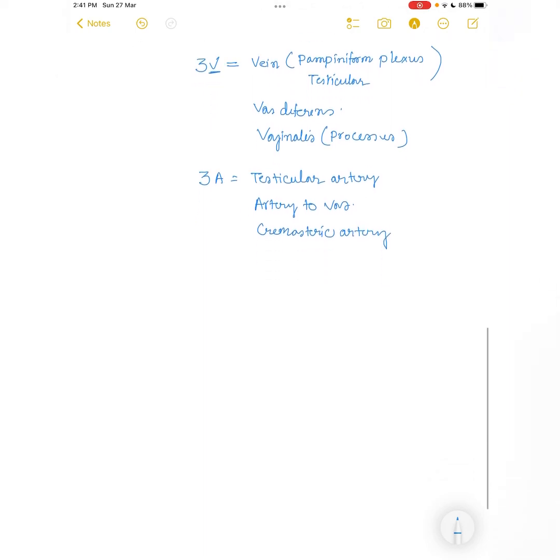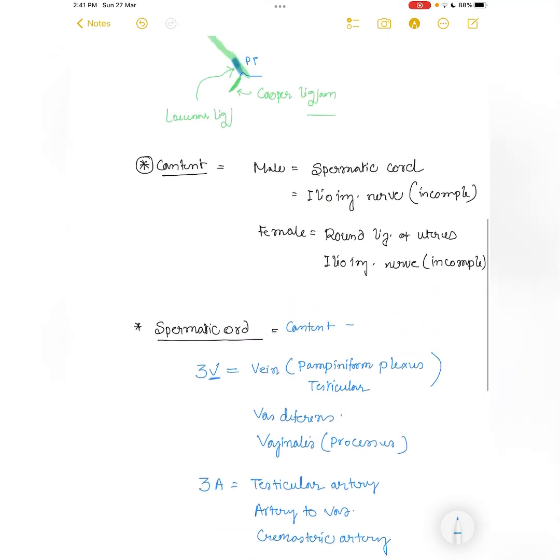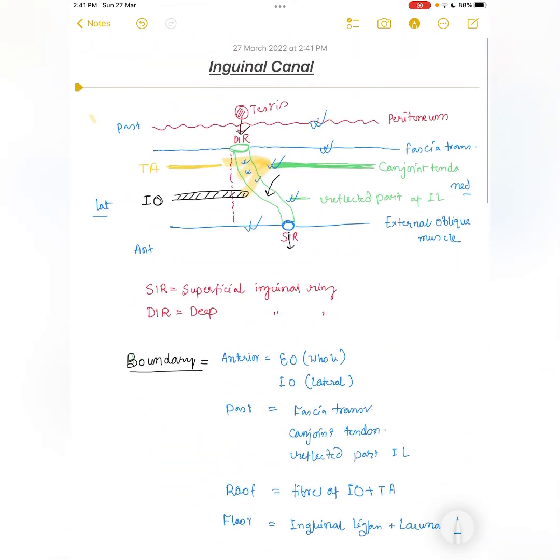Next, after the 3V and 3A, the others: the genitofemoral nerve, the autonomic nerve, and lastly lymphatics. So this is about the contents.